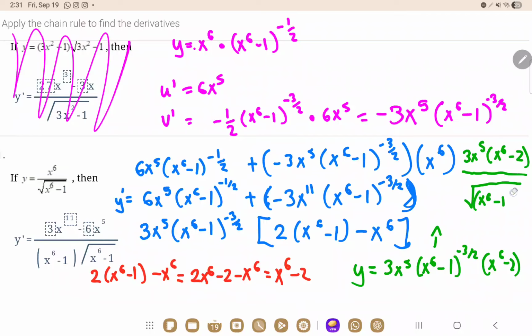Now we could distribute this, and it becomes 3x^11 minus 6x^5.